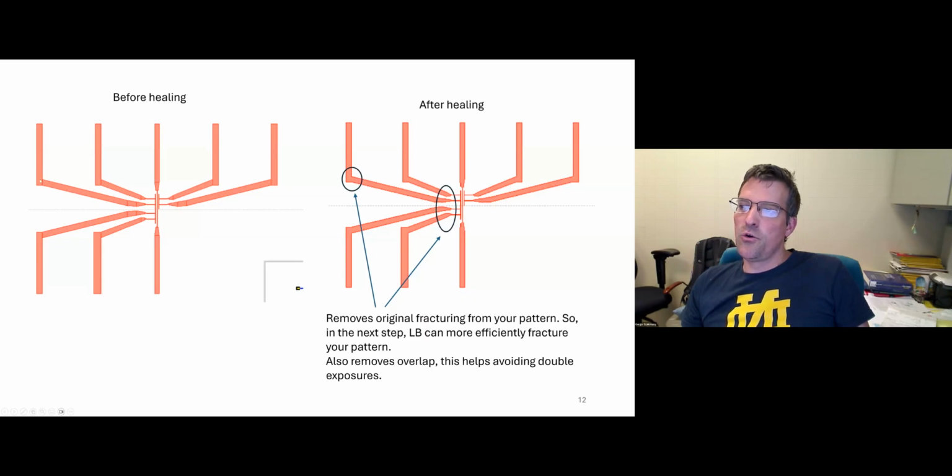In that case, these 2 features are overlapping, and that is fine for you to look at. But E-beam will consider that you have a pattern that goes up until here, and it also considers that you have a rectangle here. And this area where the 2 parts are overlapping will get double exposure.